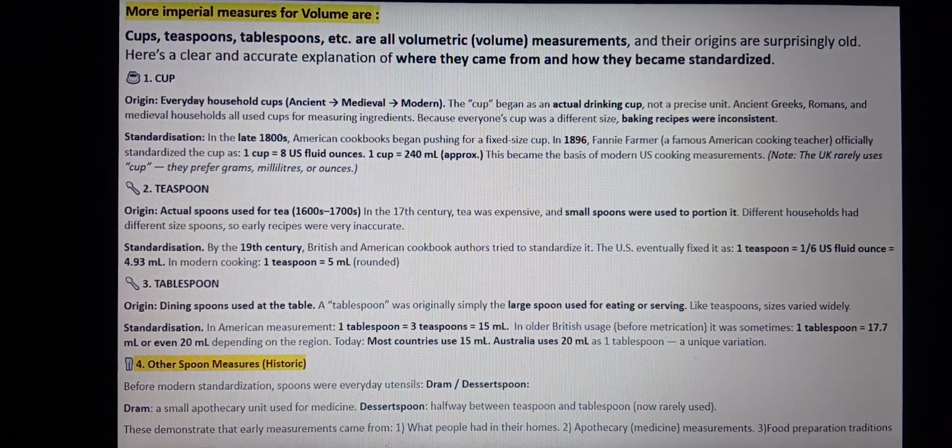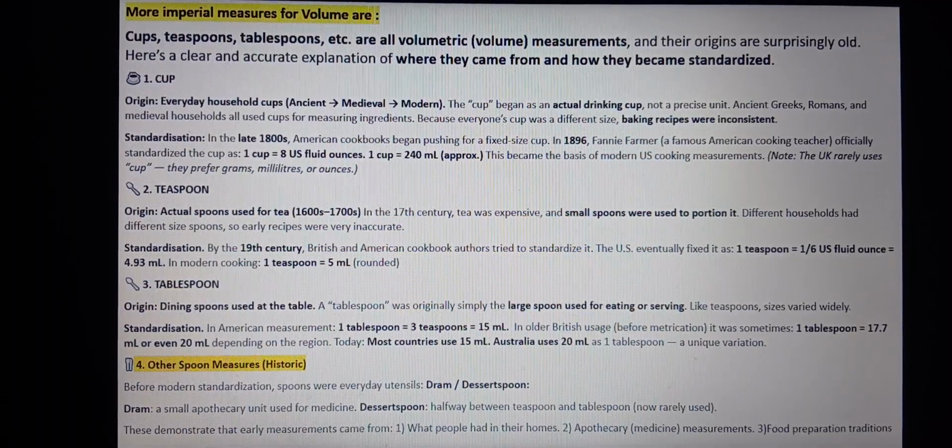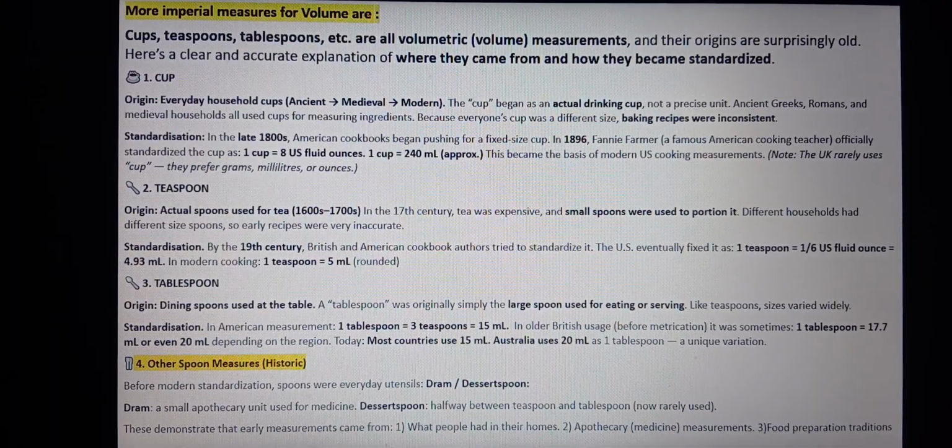If you think about people cooking, they use things like cups, teaspoons, tablespoons, and you can get little sets of small spoons, all specifically sized for recipes. If it wasn't for this, recipes would be a catastrophe because they would never work out. So the teaspoon: the origin was actual spoons used for tea in the 1600s and 1700s. In the 17th century, tea was expensive, and small spoons were used to portion it.